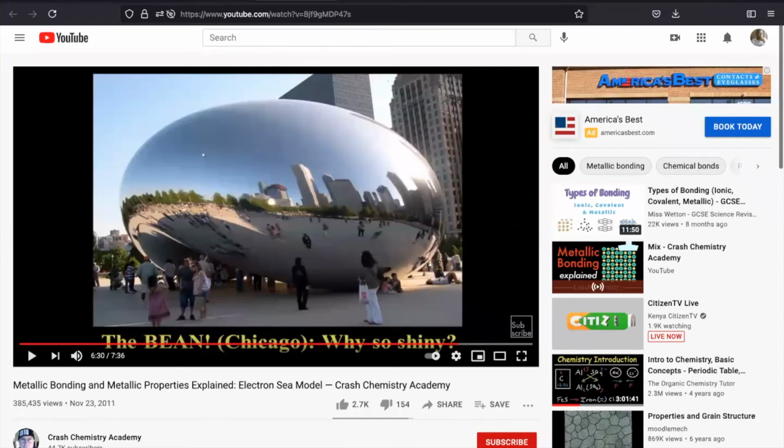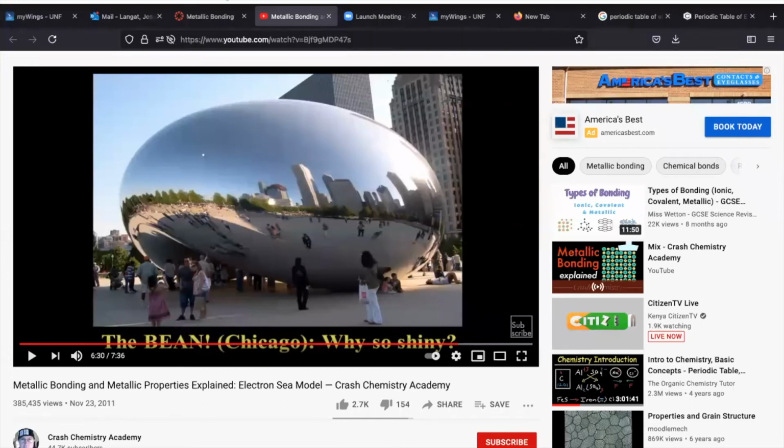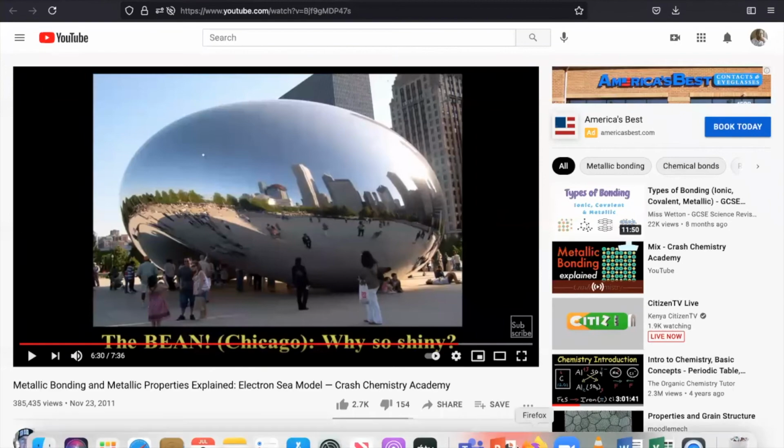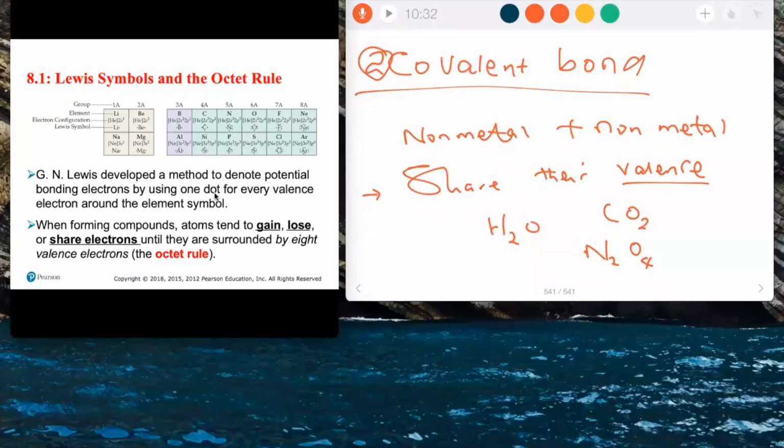So that is the difference between the metallic bond compared to covalent bond and ionic bond. At least you now understand why sodium chloride will shatter if you use a hammer to hammer a crystal of sodium chloride, because you align the positive and negative.